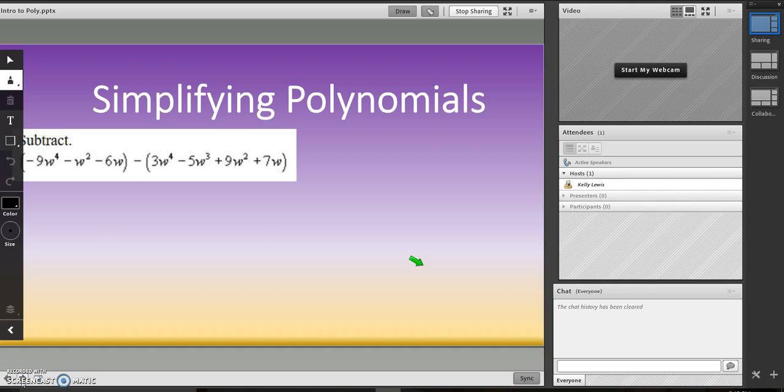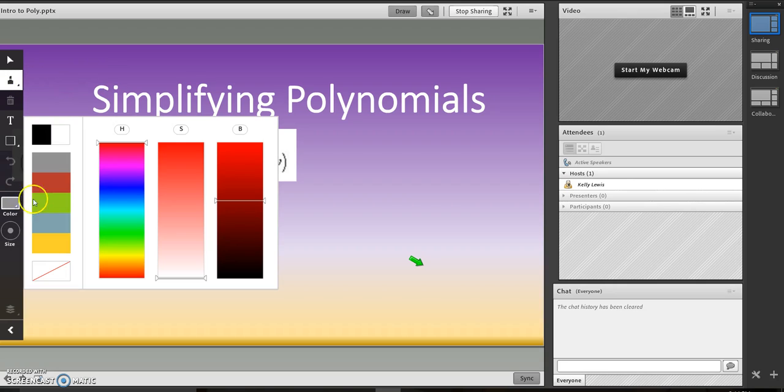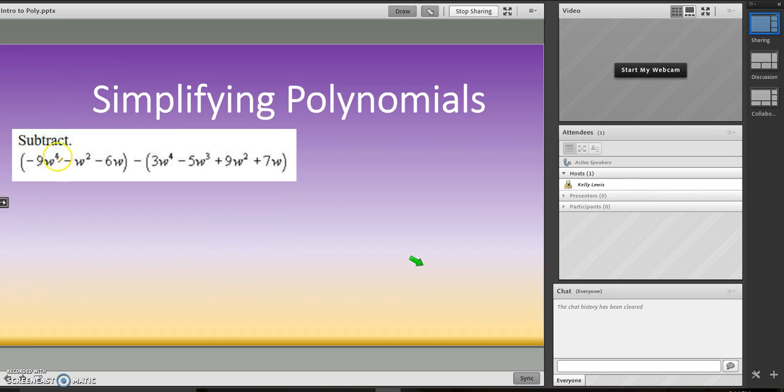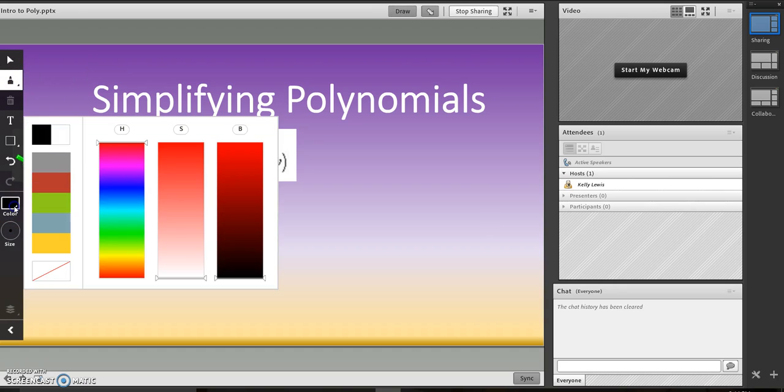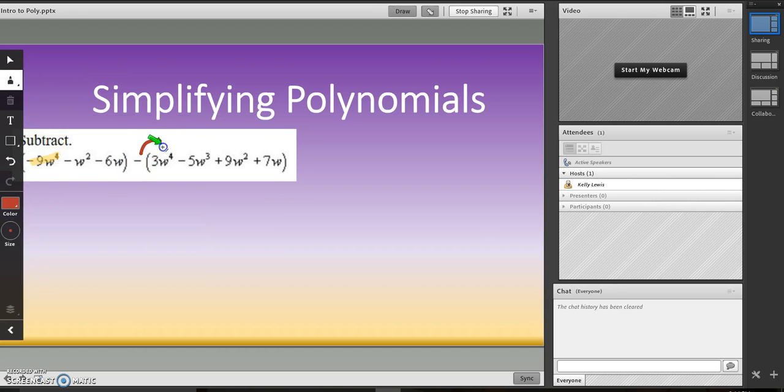Okay, let's do a negative. All right, we have a negative 9W. Oh, wait. Before we do anything, there's a negative sign right there. When there is a negative sign, you must distribute it first. I almost messed up, which wouldn't be the first time in my life. It's okay.